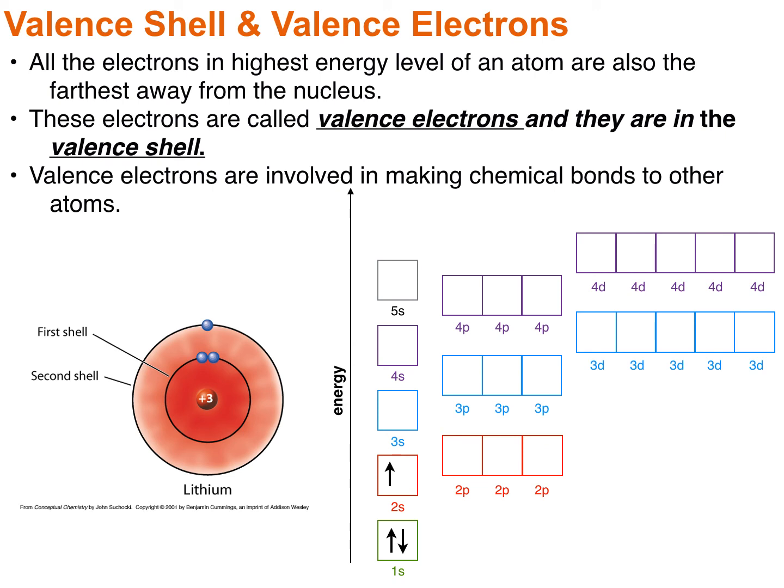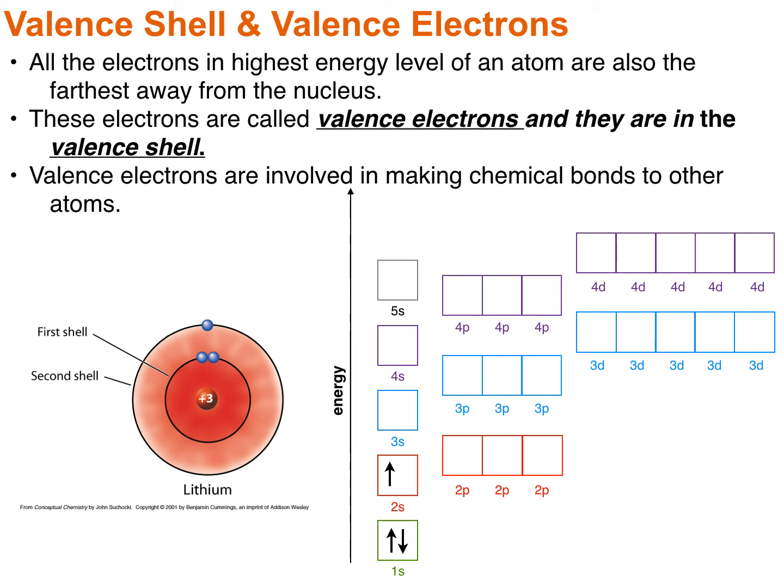So if we look at lithium for an example, we can see that lithium has essentially two kinds of electrons, right? It has three collectively, but two of those electrons are in a core shell, that's the 1s shell, n equals 1. And the highest energy electron is that single electron in the 2s orbital.